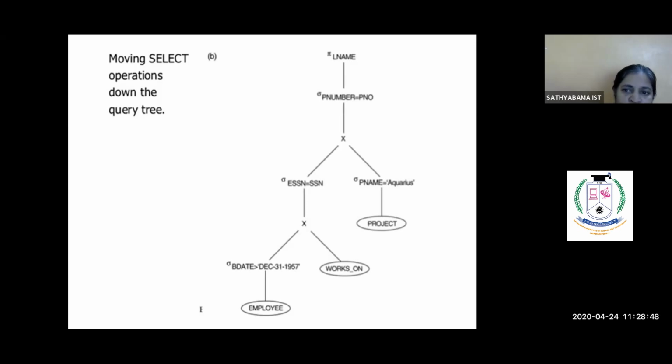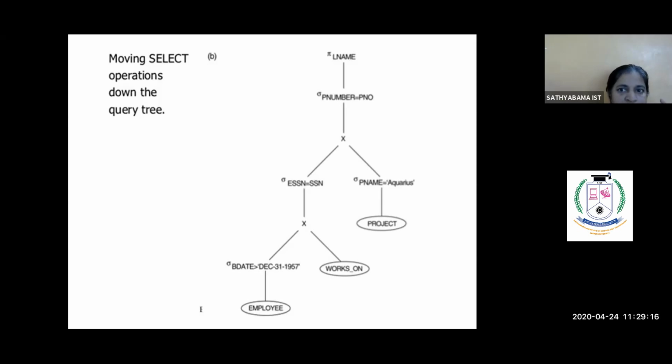Those rows alone we are fetching, and that resultant table is combined with the previous resultant table by means of Cartesian product. Again you will have some redundant rows, because whenever we apply Cartesian product we have redundant rows. Even though we have utilized sigma, we may still have some redundancy.